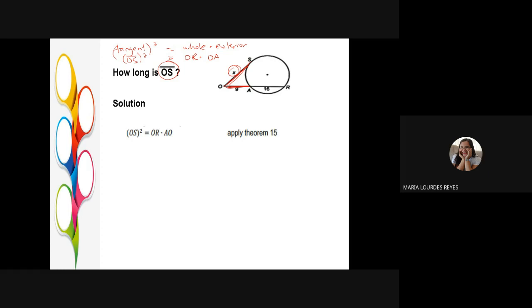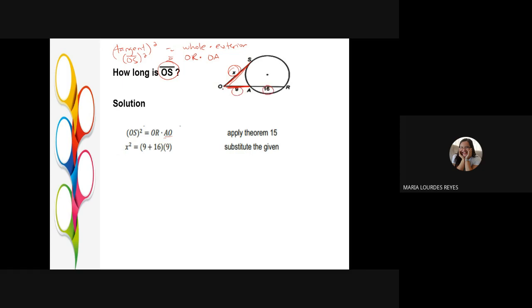Okay, OA became AO. So again, you can interchange the position of the two letters. Okay, ang OS natin is x, so that would be x squared. Ang OR natin na is 9 plus 16.